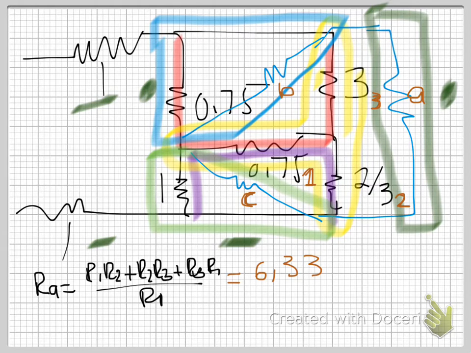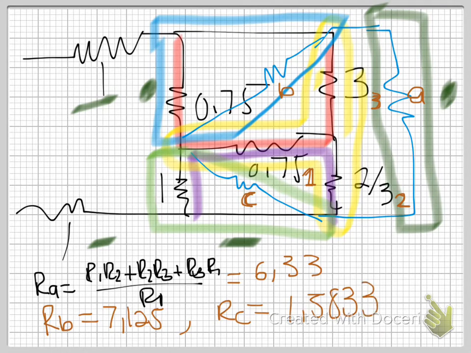RB, because we divided by 2 over 3, gives us RB equal to 7.125. And then RC, because you are dividing by the 3 only, gives a value of 1.5833. Okay.